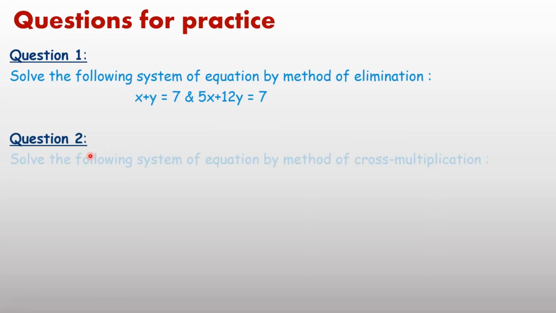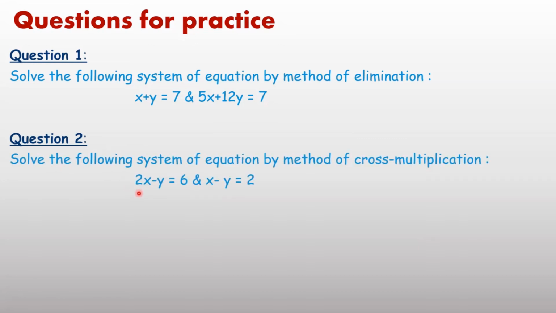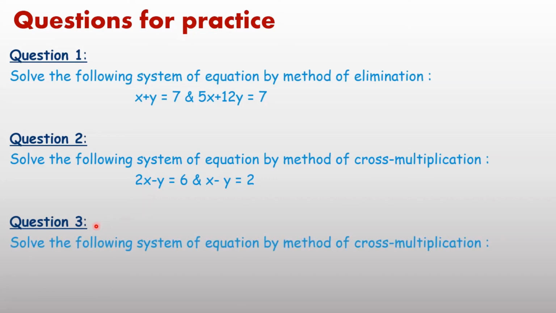Second question, two equations given, you have to solve and complete by the cross multiplication method. And in the third question, again you have to solve by the cross multiplication method, because this method is important, and for board purposes also, prepare this method.